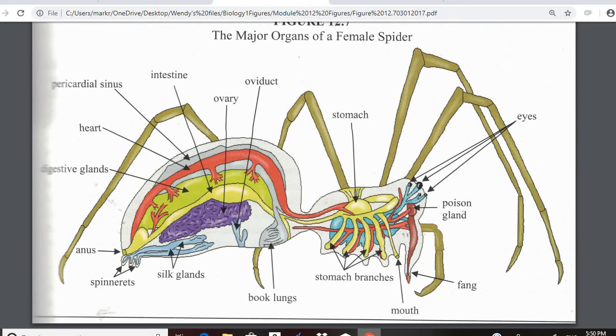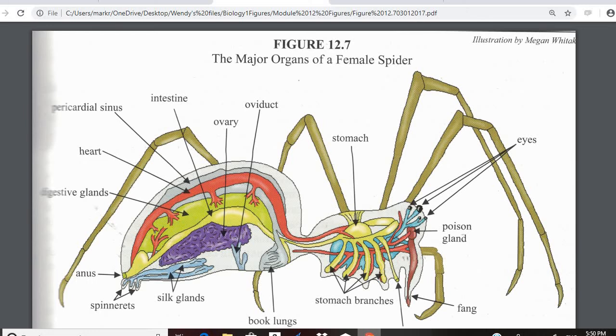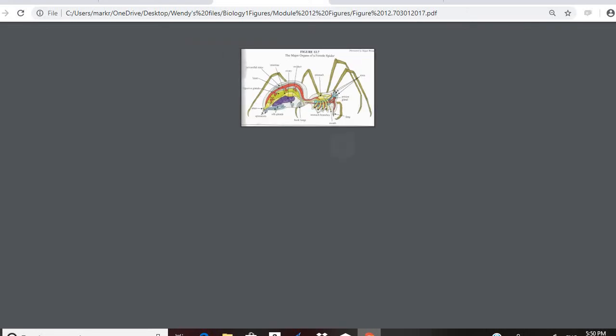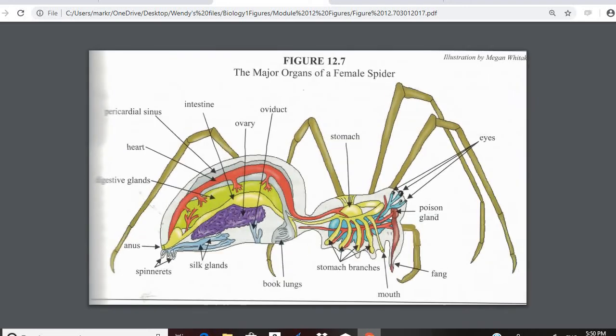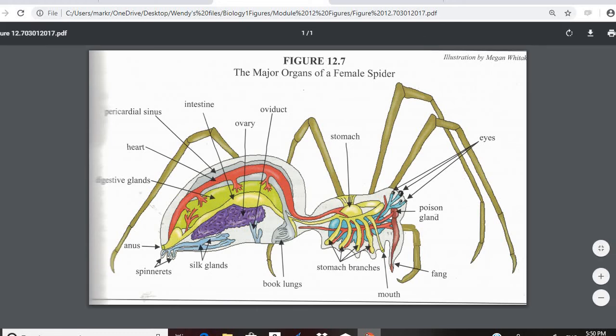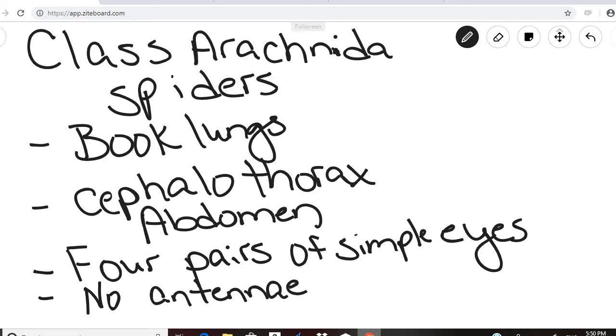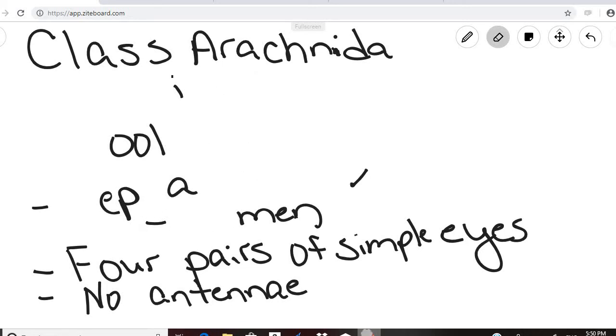So the digestive system starts at the mouth, here in the front, and it goes through the stomach, and then it goes into the intestine, and then that long intestine goes all the way to the back, and then out the anus. So they have a complete digestive system. Let's go ahead and write that up.